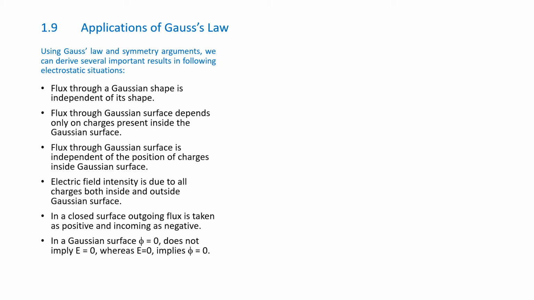Whereas if for a particular Gaussian surface E is equal to 0, then phi is definitely 0. That means if E is 0, phi is 0. But if phi is 0, it does not imply that E is 0.